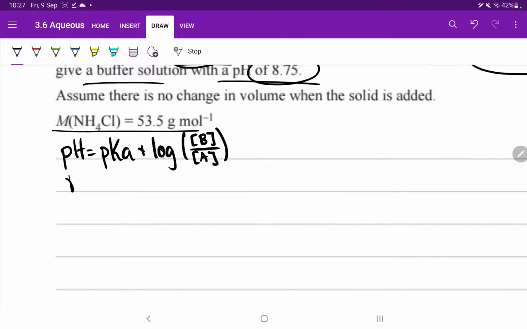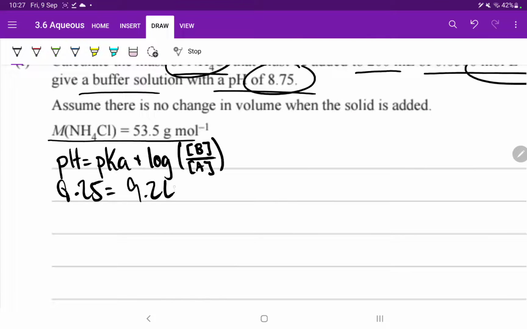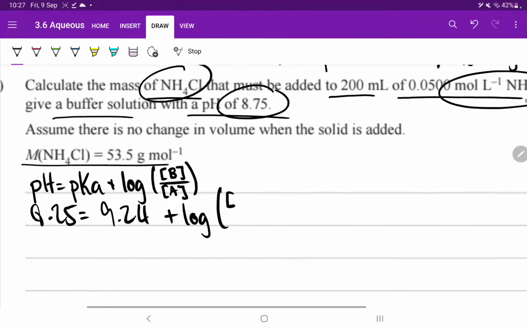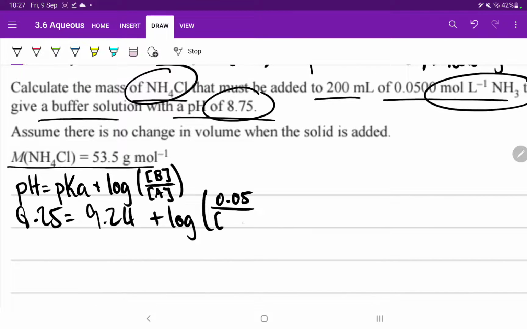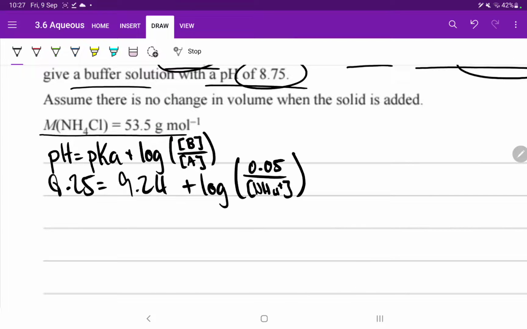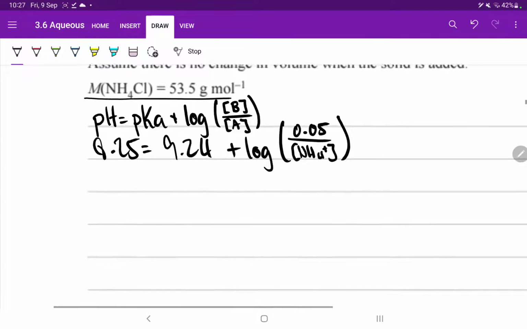So let's put our information in: 8.75, which is pH, equals 9.24, pKa, plus log of the concentration of our base, 0.05, divided by the concentration of the acid, which is NH4 plus. Now let's solve the equation to find the concentration of ammonium ions.